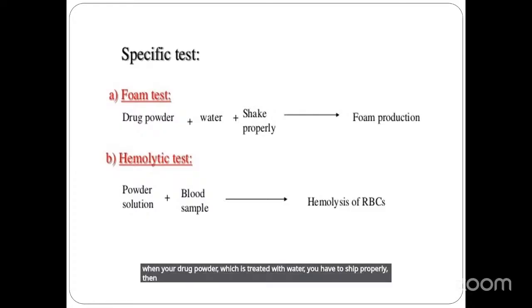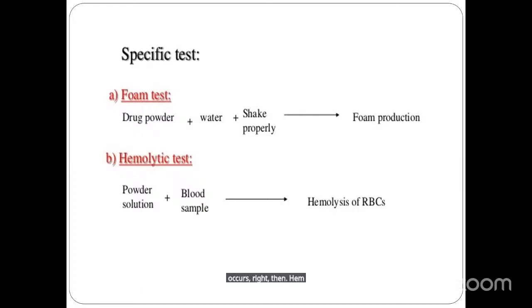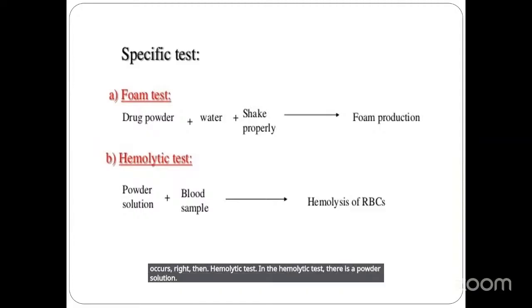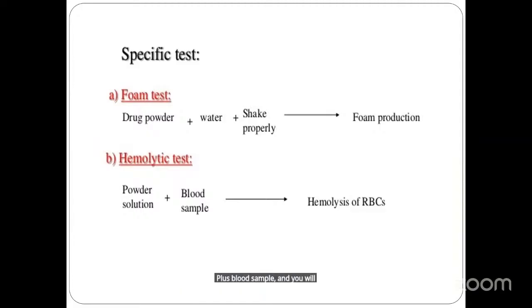Then foam production occurs, right? Then the hemolytic test: a powder solution plus a blood sample, and you will get hemolysis of RBCs. These are the two tests for the saponin glycoside.